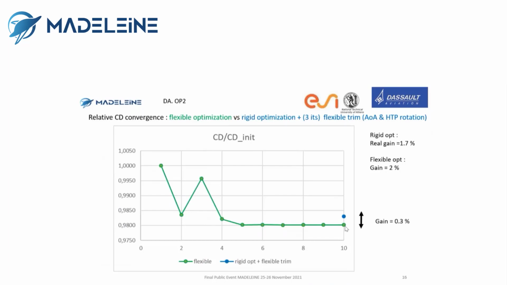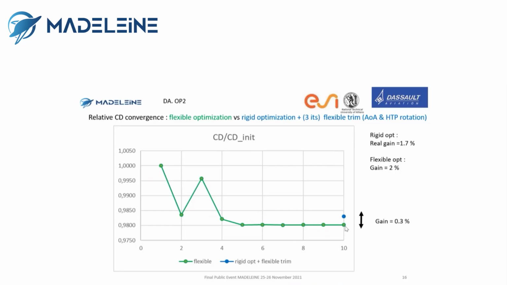But if you take results from rigid optimization and recompute this point using flexibility effects, so using a fixed point approach, the gain decreases to 1.7%.